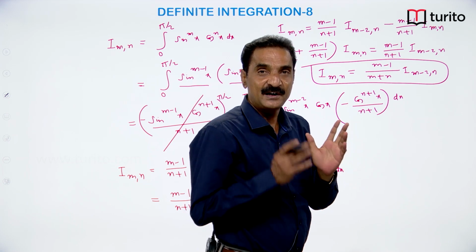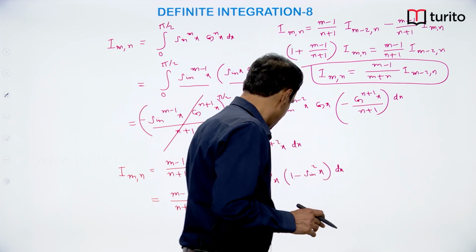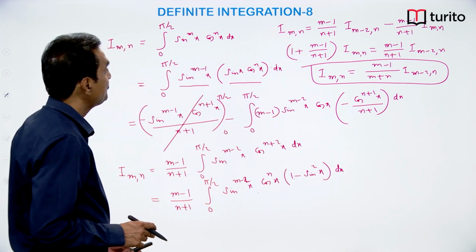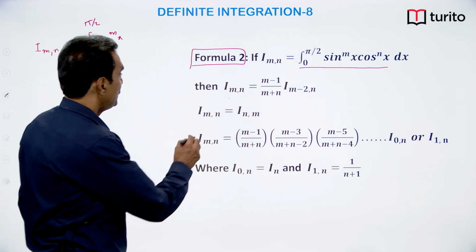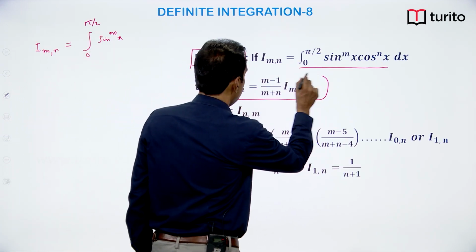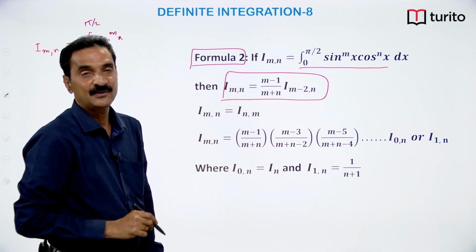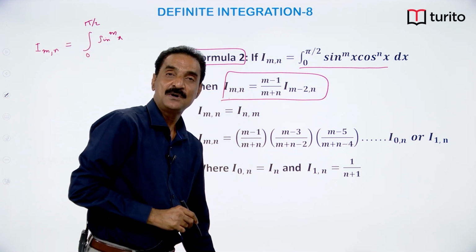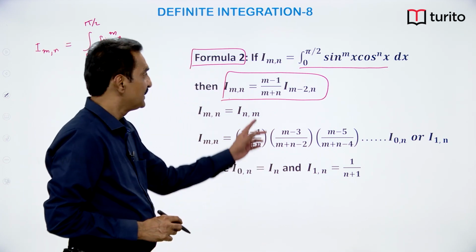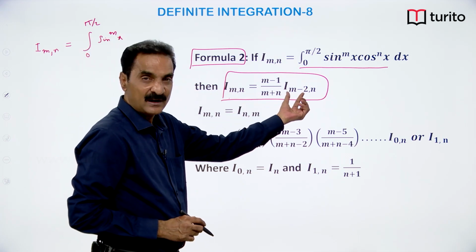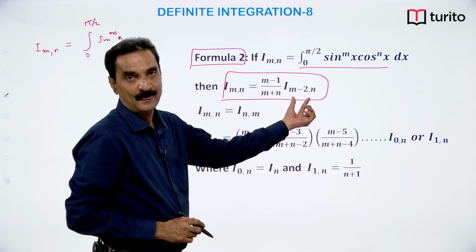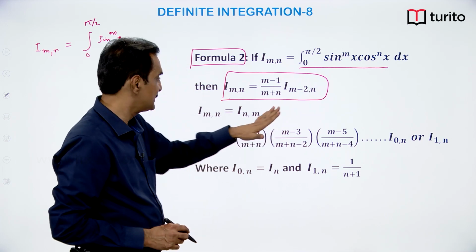You can reduce either m or n. Now let us see the formula. We have just proved that Imn is equal to m minus 1 by m plus n into I m minus 2 comma n. So by applying this formula, we are able to reduce m, n remains as it is.